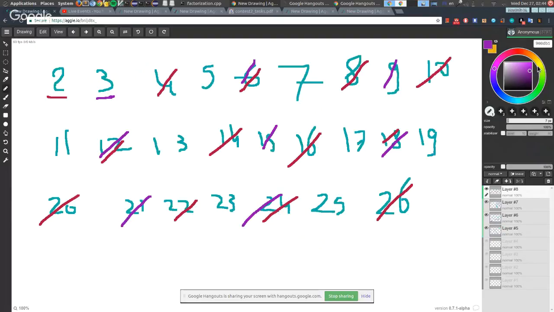And then we go to the 3 and go through all its multiples, marking them. And so on. And then the 5 we go through its multiples. And then the 7 will go through its multiples.